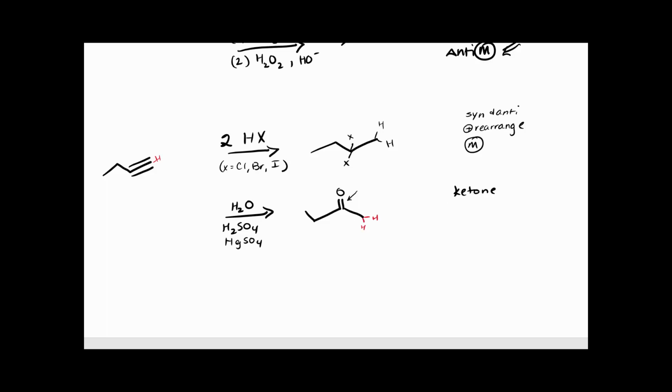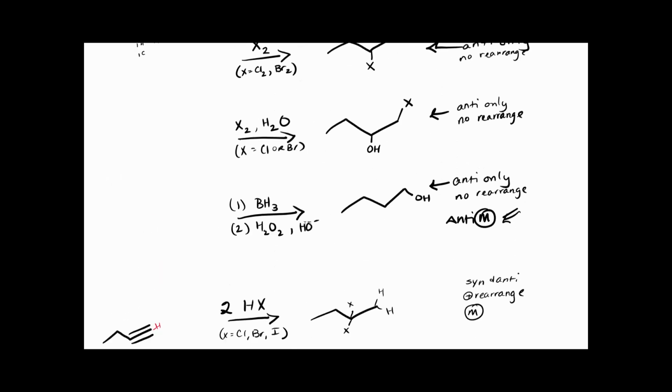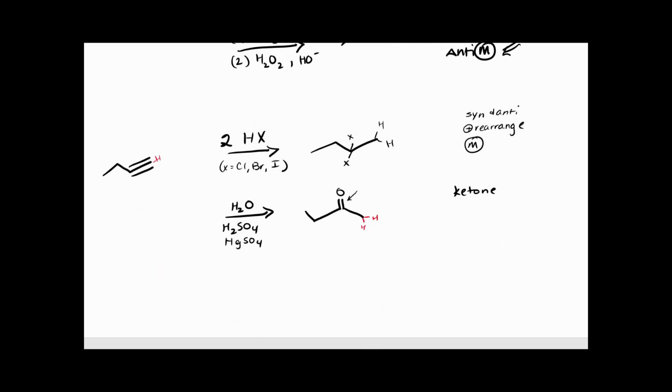Let's see, then I think we did halogenation. So let's do halogenation. Halogenation of an alkyne, we need 2 equivalents, and those X's can be chlorine or bromine. When we have those 2 equivalents, everywhere we had an sp2 carbon, we now have 2 X's.